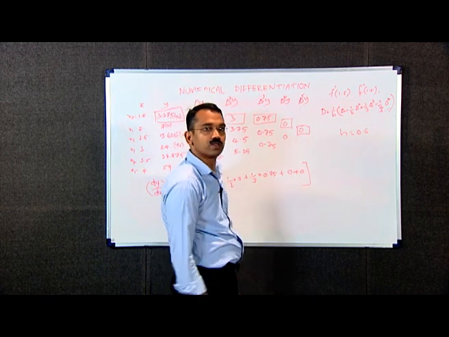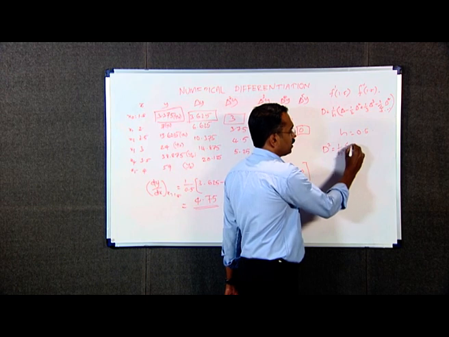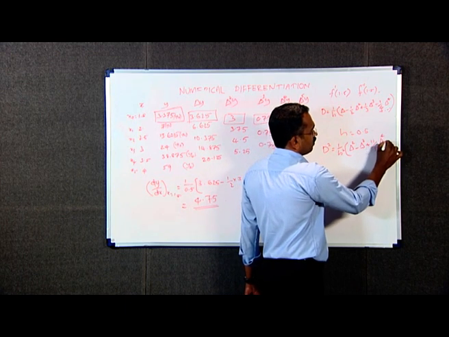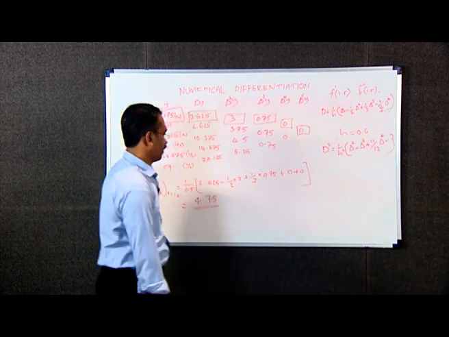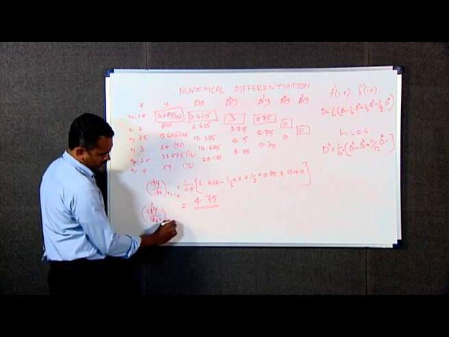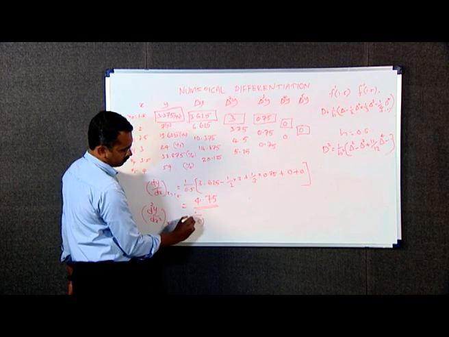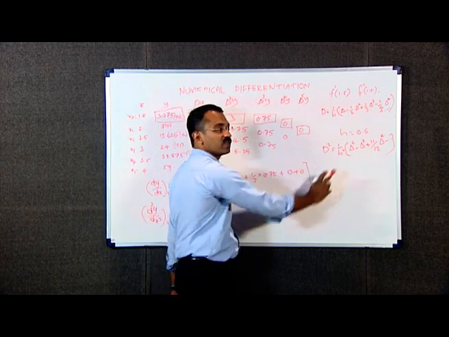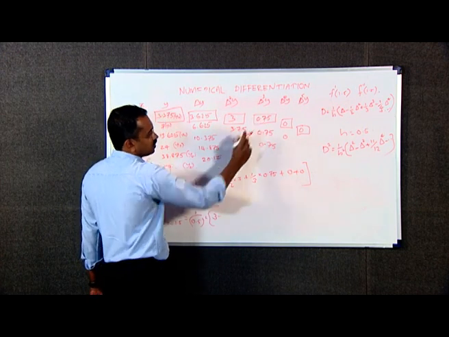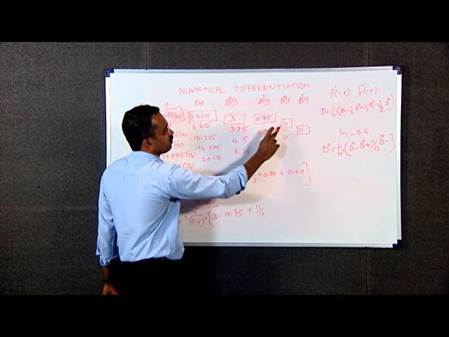We use the expression D square is equal to 1 by h square into delta square minus delta cube plus 11 by 12 delta raised to 4 minus etc. Therefore, the second derivative d square y by dx square at x equal to 1.5 is equal to 1 by h square, that is 1 by 0.5 square into delta square y naught, that is 3, minus delta cube y naught, which is 0.75, plus 11 by 12 delta raised to 4 y naught, which is 0.